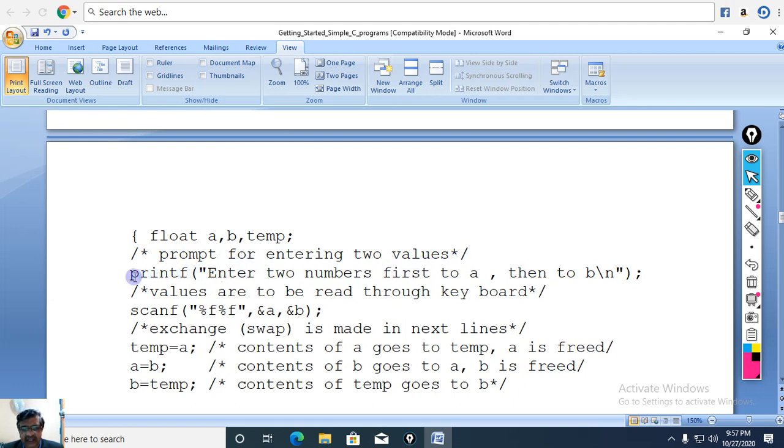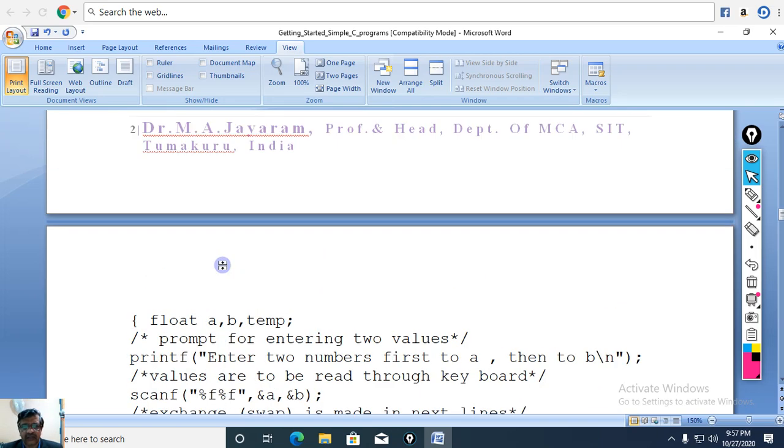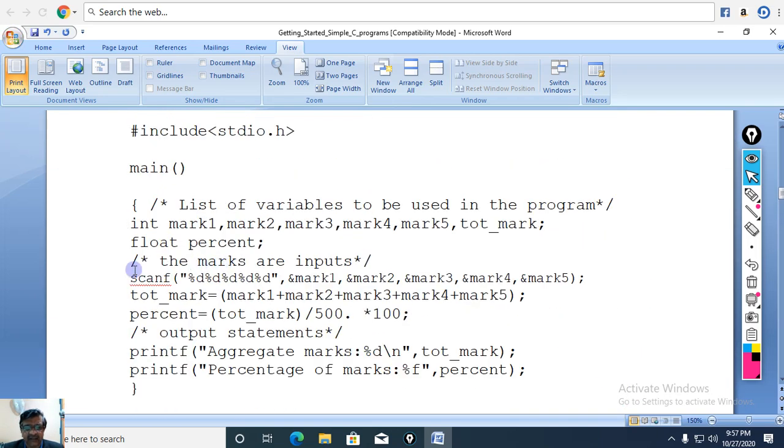This will facilitate the user to enter values when the program is in execution. In the previous case there was no prompt. When you just execute this program, the cursor will be blinking, and you have to supposedly know the problem that has been written, and you have to enter the marks.